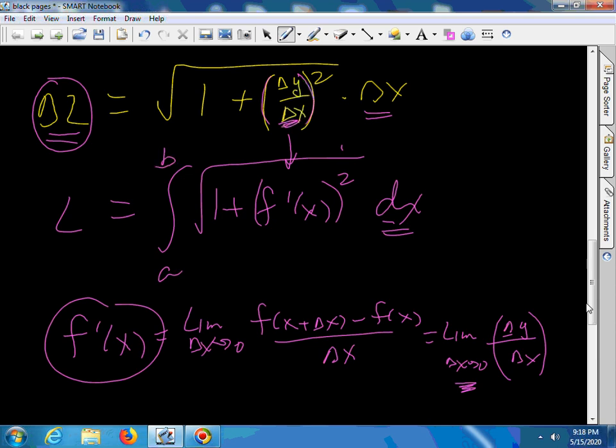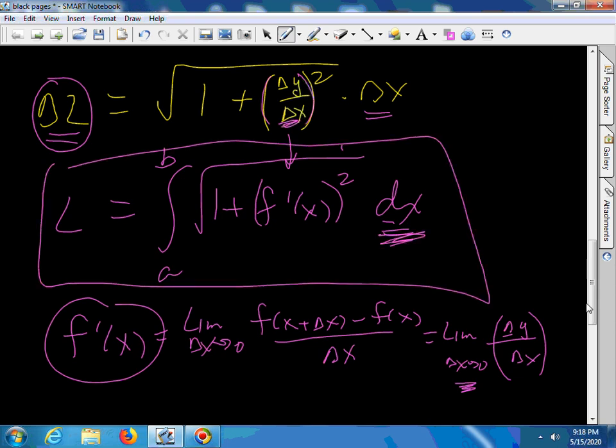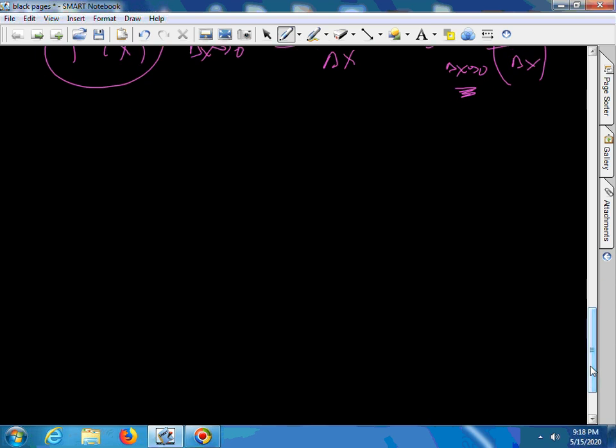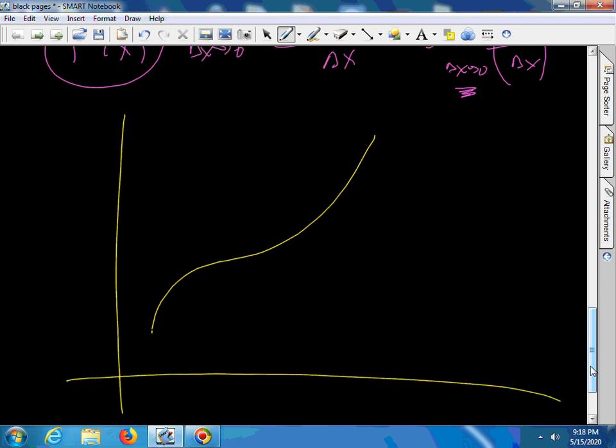And there is one way of showing that you integrate with respect to x. I'm not going to prove or derive it, but it's really similar. You have a curve, and now instead of x going from a to b, you go between, say, C and D. That is, y is changing.